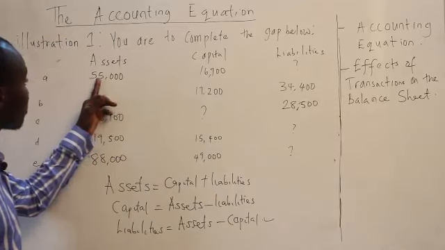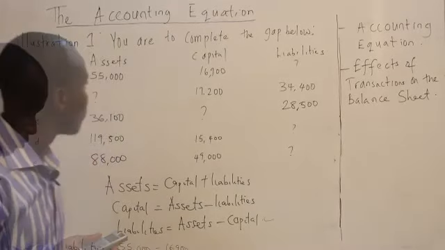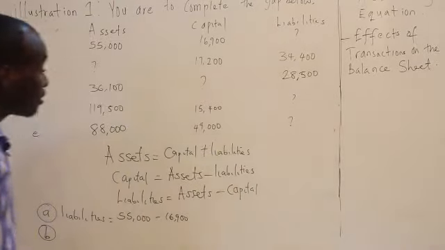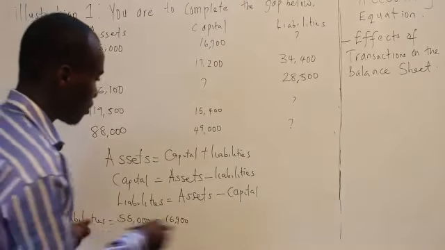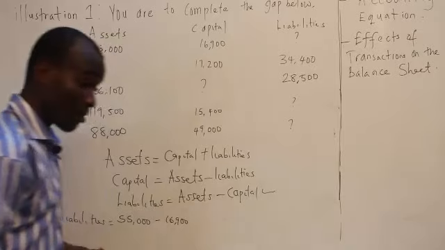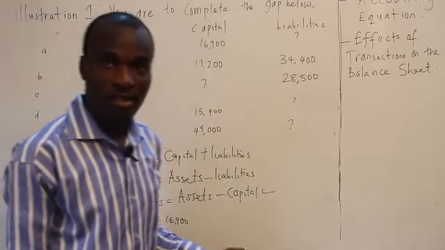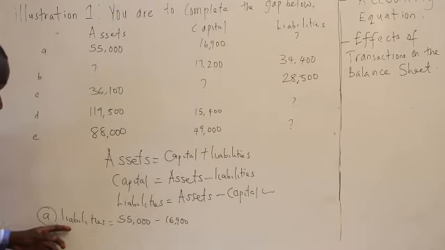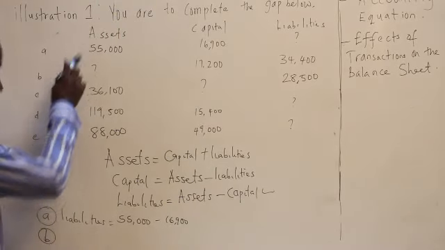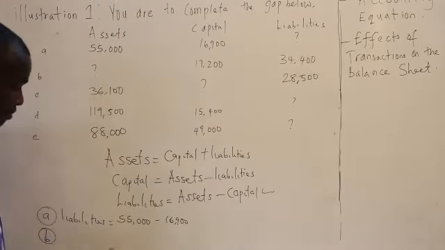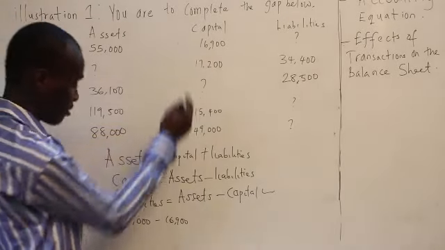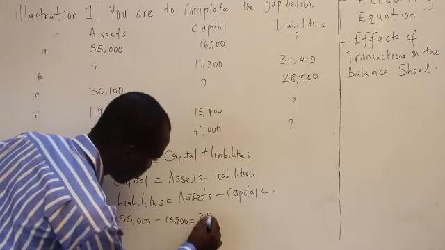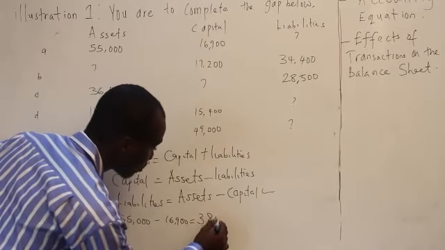So liabilities equal assets 55,000 minus the capital 16,900, which amounts to 88,100.